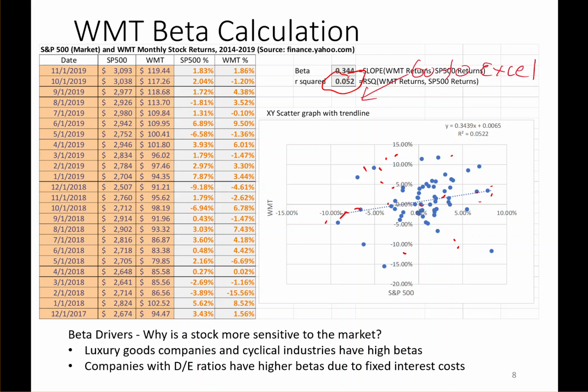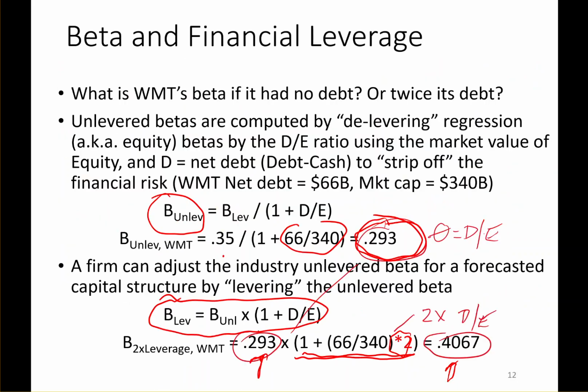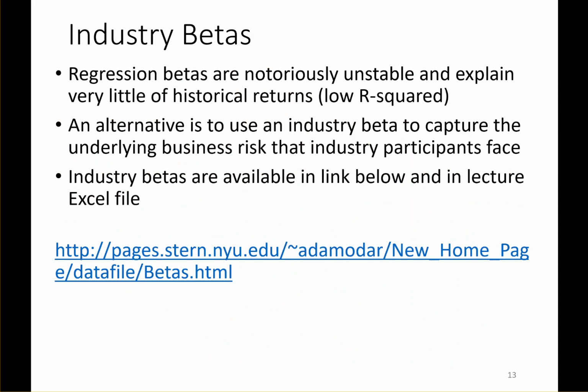So I use that to calculate the beta, but I'm very nervous about it. And also those betas are notoriously fickle. If I measure them over different periods of time, they change quite a bit. An alternative to using this regression beta is to use an industry beta that tends to be more stable.